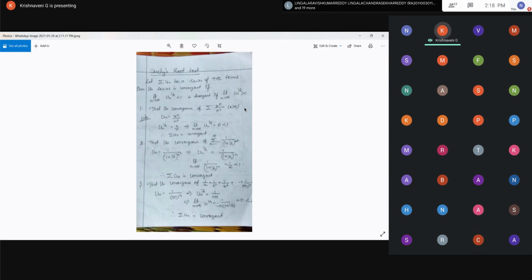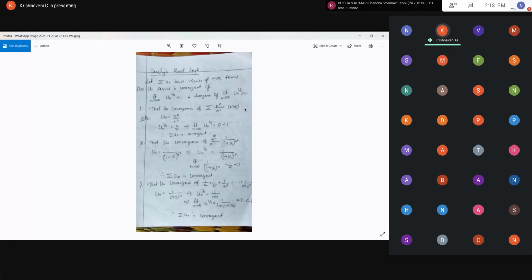Next problem. Test the convergence of summation n equal to 1 to infinity 1 by (1 plus 1 by n) whole power n square. That is un, the nth term. Then what we have to do?